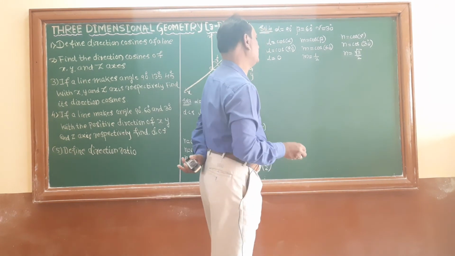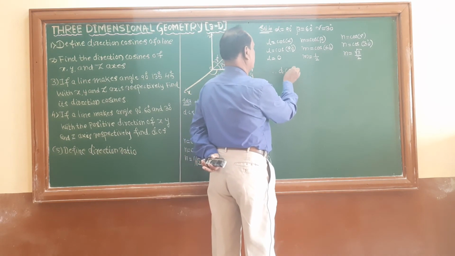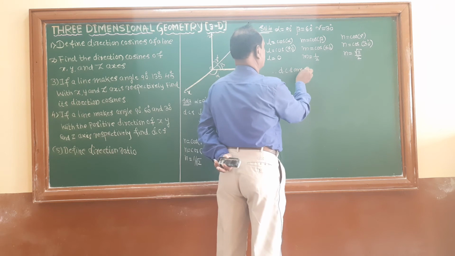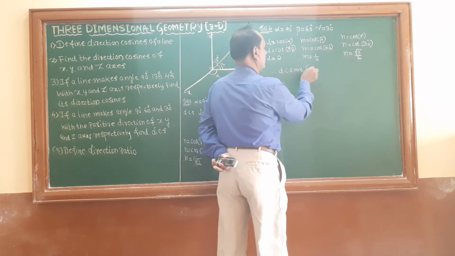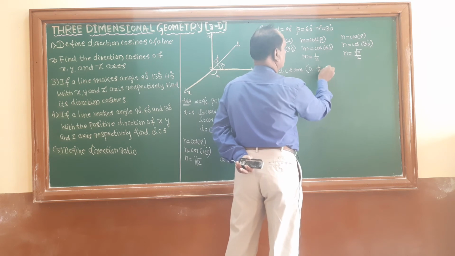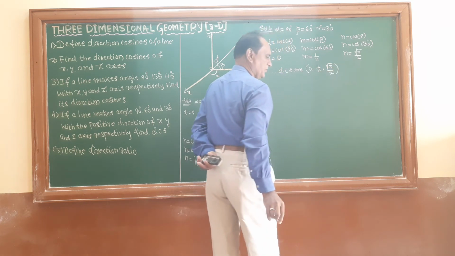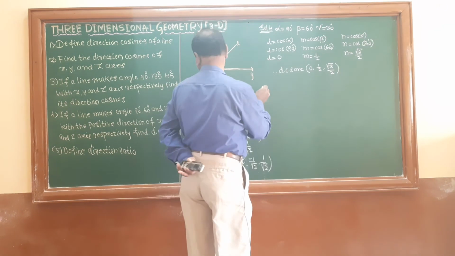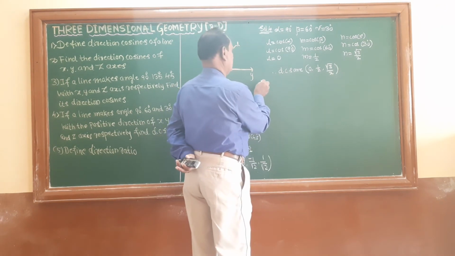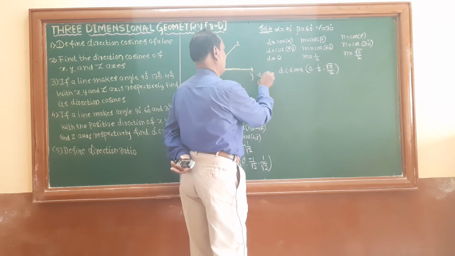Therefore the direction cosines are L is 0, m is 1 by 2, and the last one is root 3 divided by 2. Then come to the next one, the solution for example number 5.